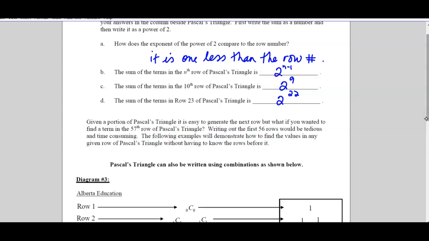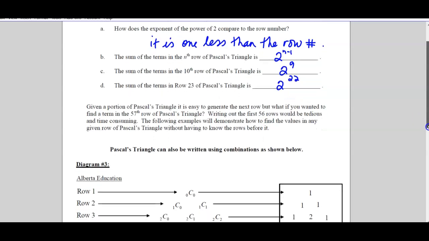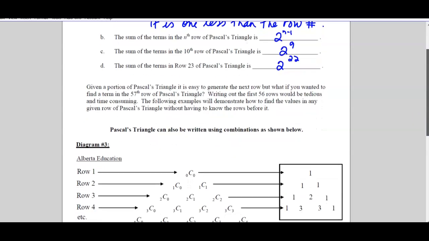Given a portion of Pascal's triangle, it is easy to generate the next row, but what if you wanted to find a term in the 57th row? Writing out the first 56 rows would be tedious and time-consuming. The following example will demonstrate how to find the values in any given row without having to know the rows before. So let's take a look here.